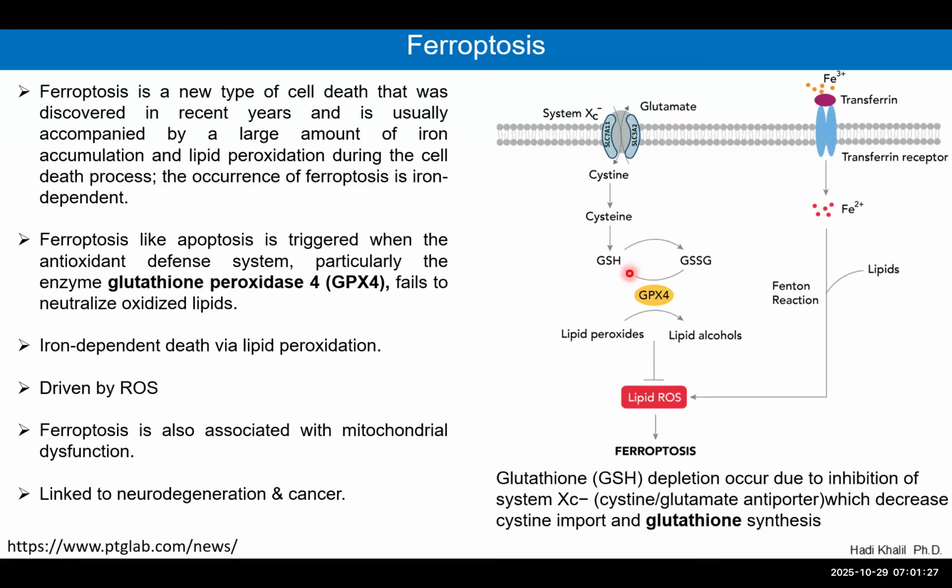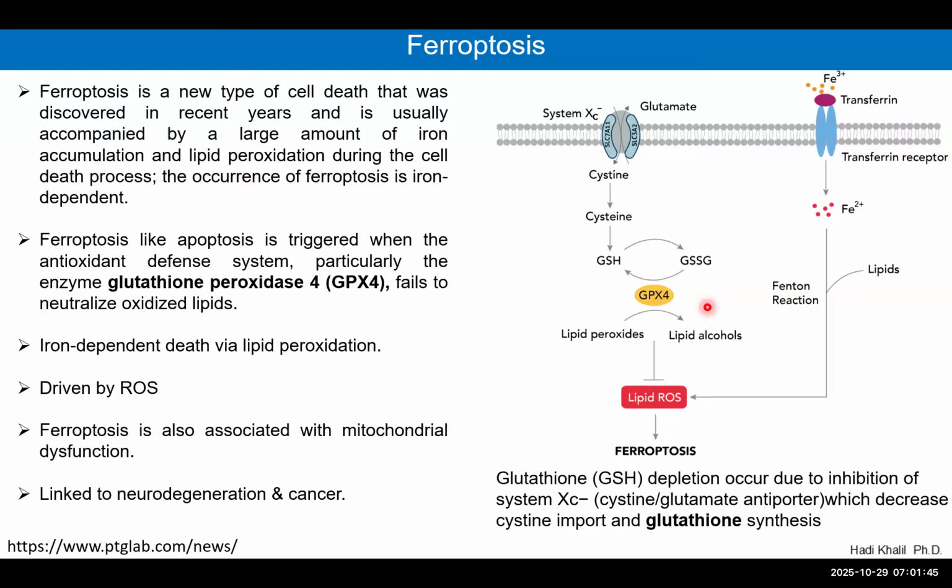This is one scenario. The other scenario is that you have enough cysteine, however, the enzyme itself is not able to produce the glutathione.